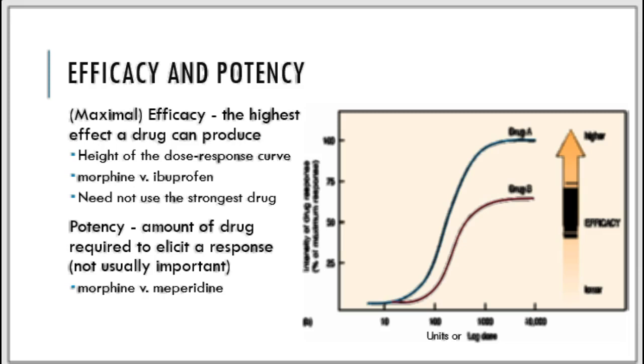It takes 75 milligrams for the same relief of pain with Demerol. You just need to understand the difference between efficacy and potency, and that if you're getting the same relief of pain, it doesn't really matter which drug you're getting. It depends on the factors that the provider chose to give you one medication versus the other.